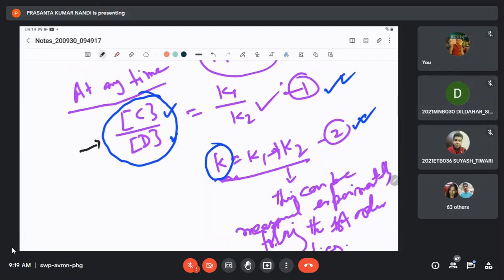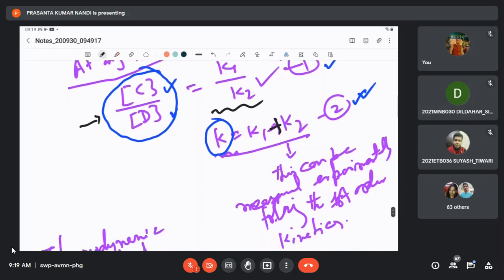And another equation that we can construct, that is the overall rate constant, simply K or K effective, whatever you can write. Here it is K, that is equal to K1 plus K2. Okay, so this can be measured experimentally following the first order kinetics.